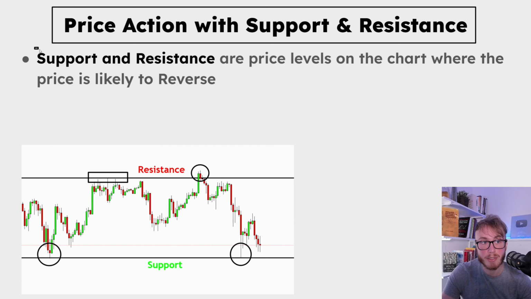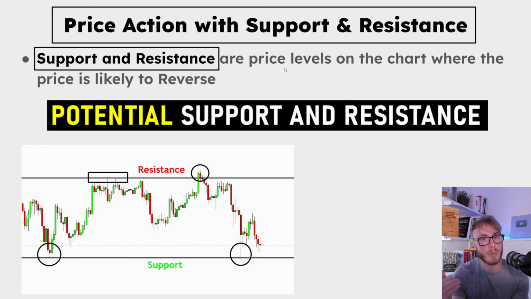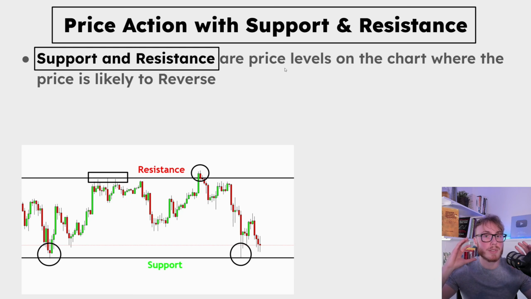In very simple terms, support and resistance are price levels on the chart where the price is likely to reverse. And I like to think about all support and resistance levels as potential support and resistance. This is an important mindset shift, because not all support and resistance will always hold.